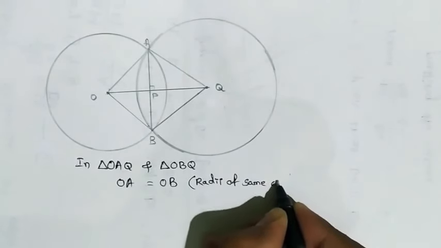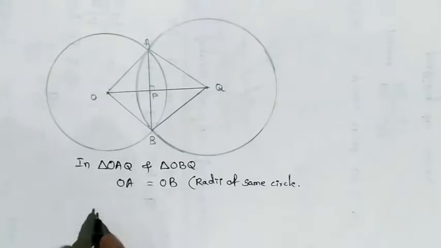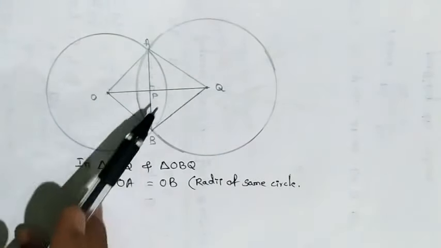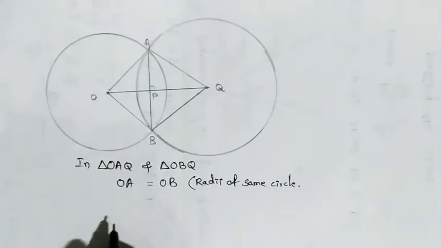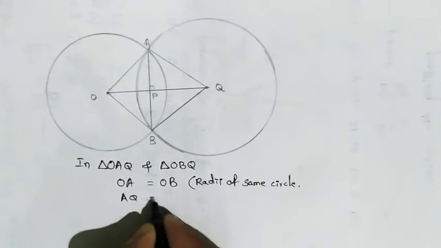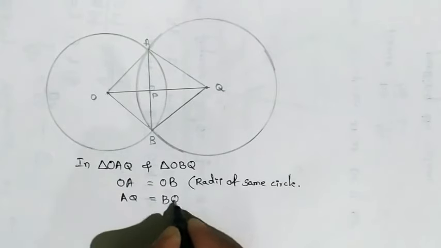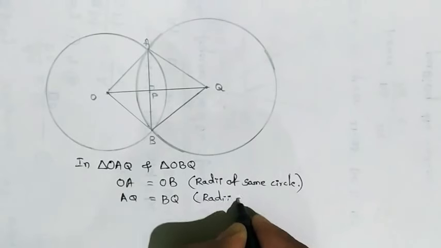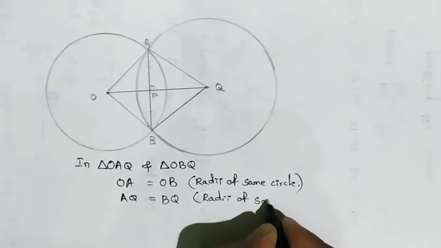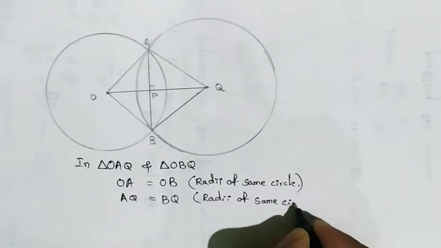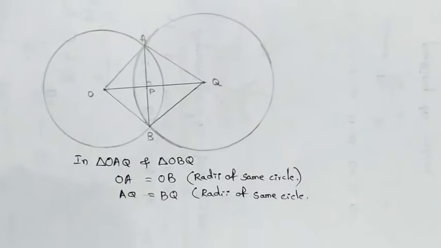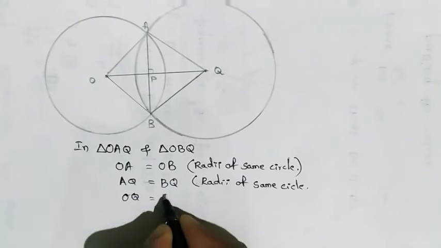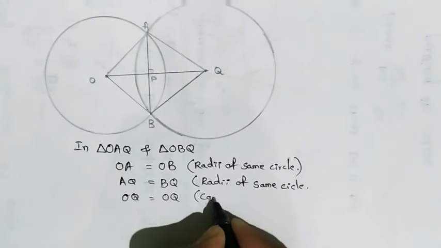Next, here AQ equal to BQ. This is also same reason, radii of same circle. Next, OQ equal to OQ, that is common side.